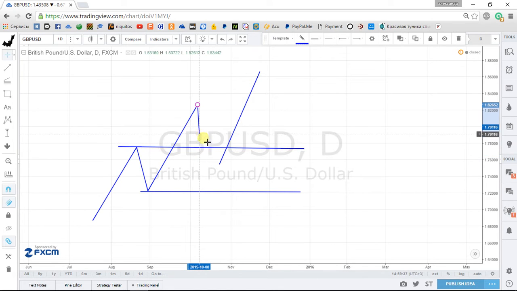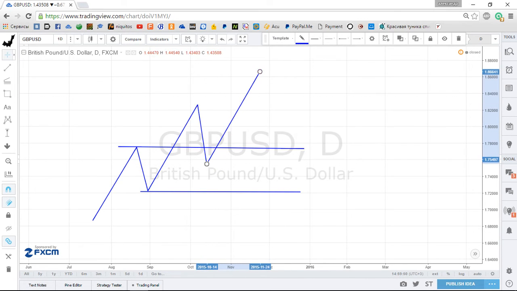So I have this zone from these highs all the way down to these lows being a kind of demand zone where I will have a potential bullish opportunity.